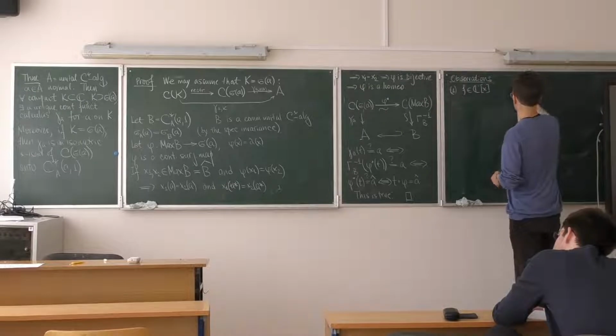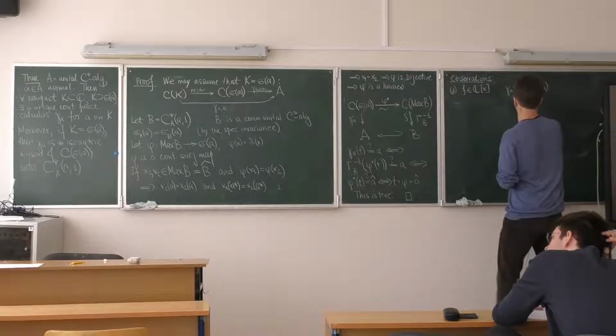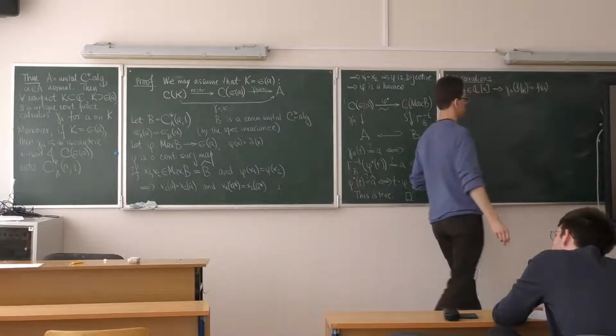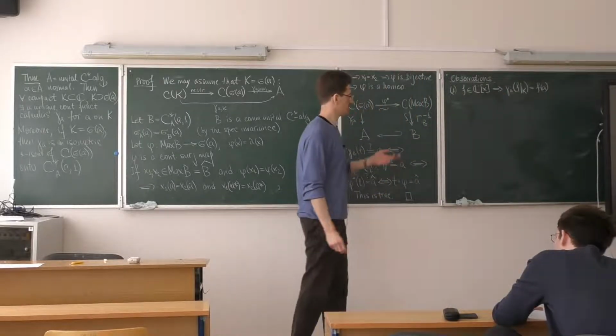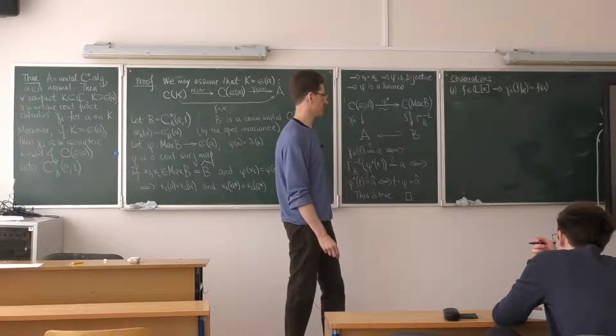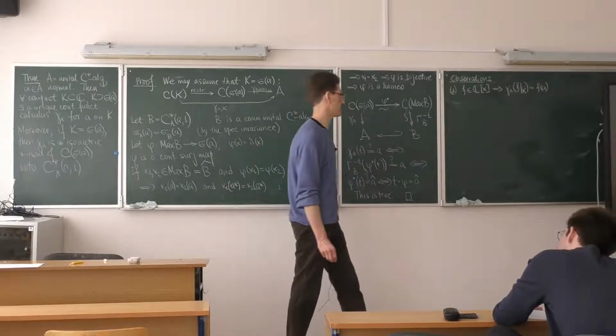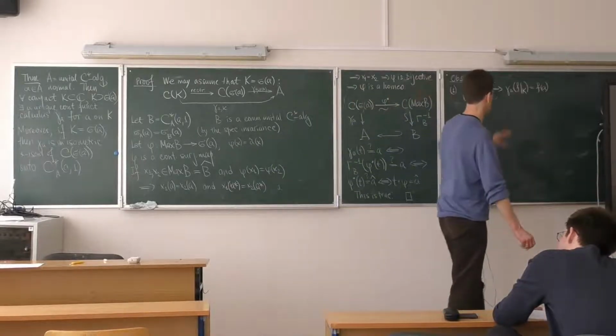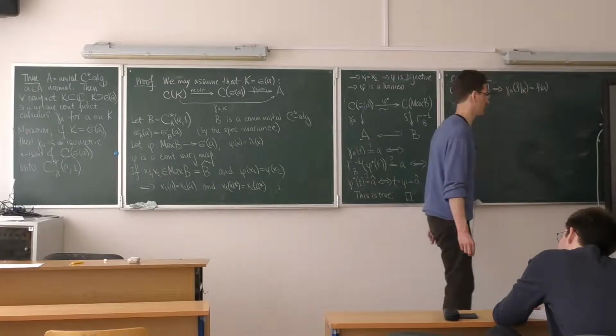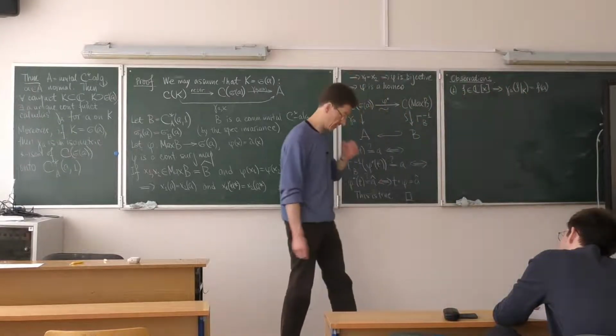So we may restrict f to k. This will be a continuous function, and then apply gamma. So we observe that this is nothing but f of a. Well, obviously this is true because gamma takes t to a. So it takes any polynomial f to f of a just because it is a unital homomorphism.